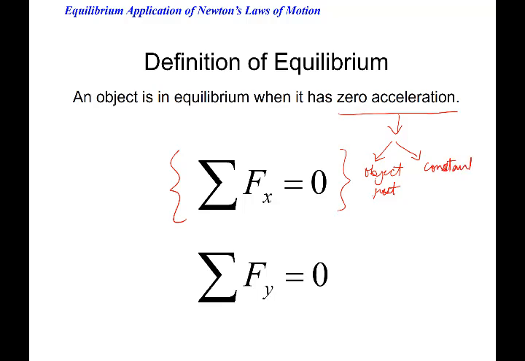If there's a constant velocity, then also we will have zero acceleration. Acceleration can be in the horizontal direction, and it can also be in the vertical direction. So we will be looking at problems in both these scenarios.